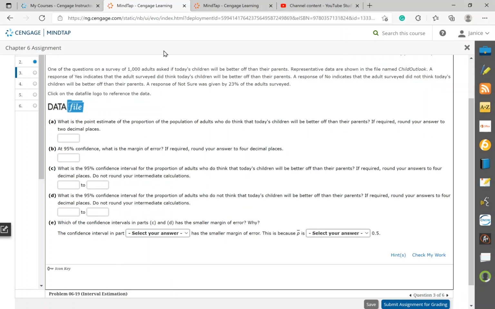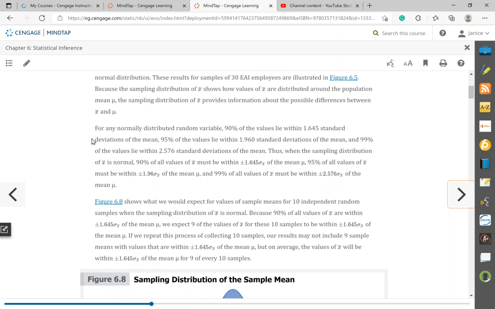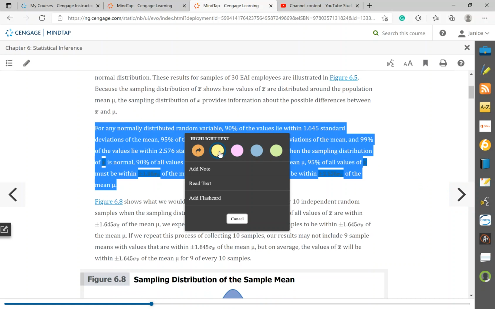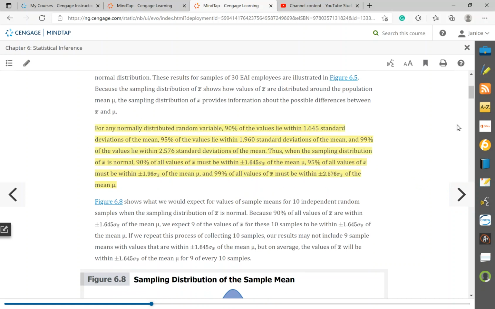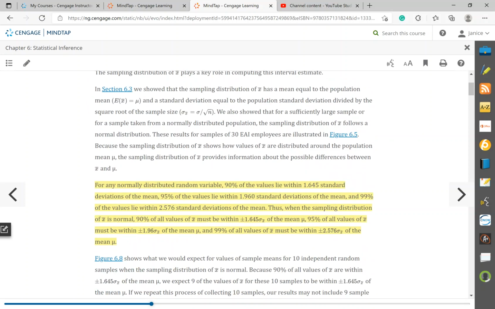If we think back to chapter 1 when we talked about normal distribution of data, this is a very powerful paragraph in your book under interval estimation of a population mean. You want to commit this to memory.